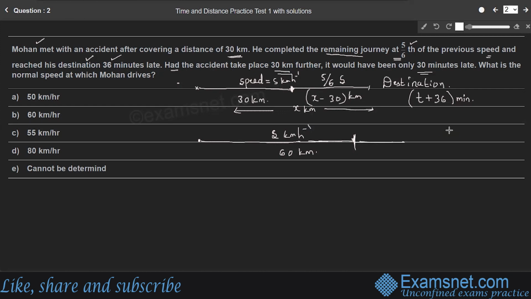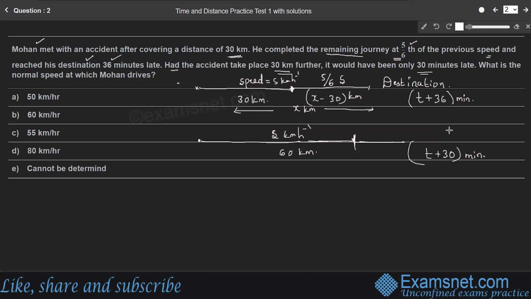Then it would have been only 30 minutes late. So he will take t plus 30 minutes of time, which is 30 minutes extra.